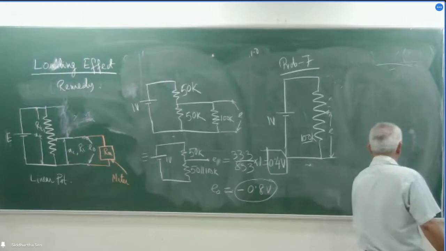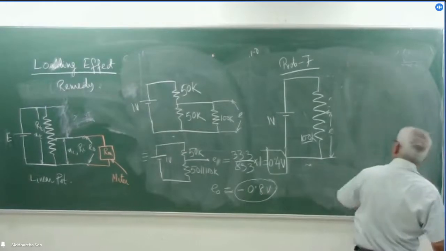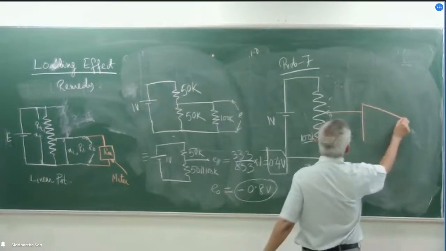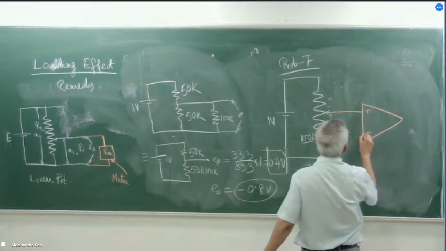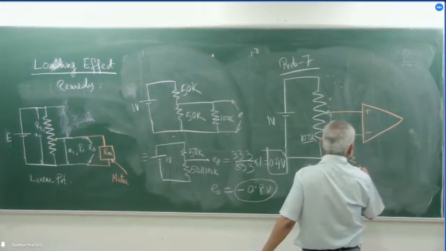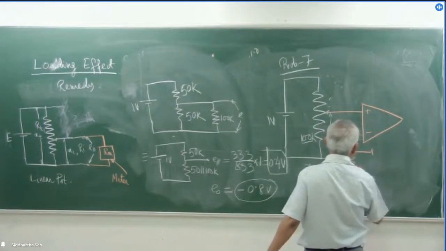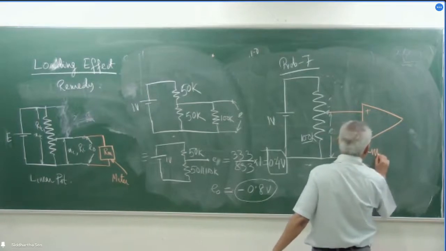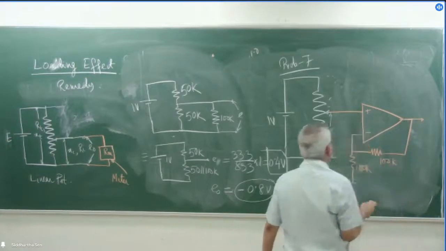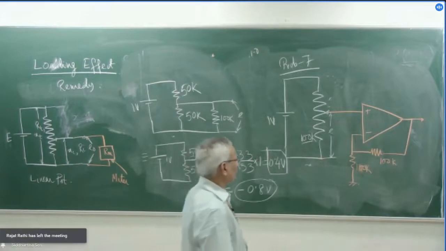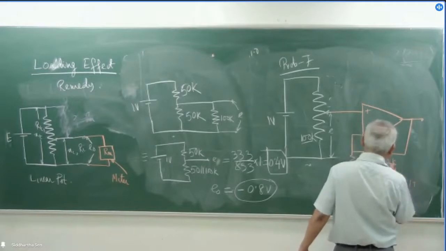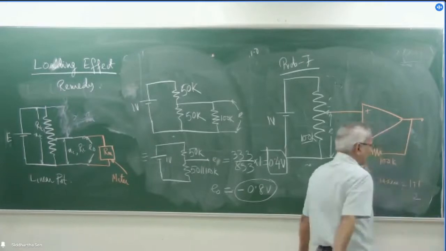If I had chosen, instead of this inverting amplifier, say here it is 1K, or rather, I put it all 100K. What is the gain? The gain would be 1 plus Rf by Ri, which is 2, the same gain.